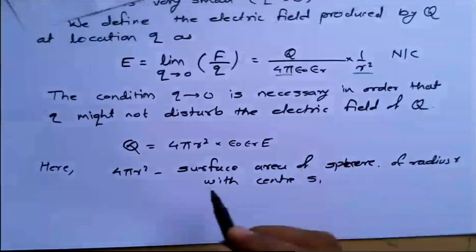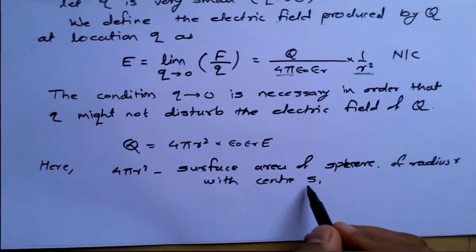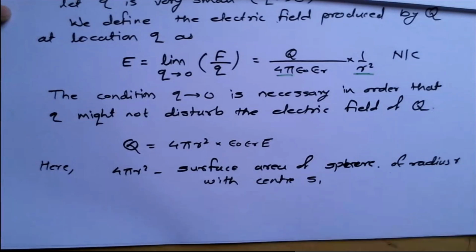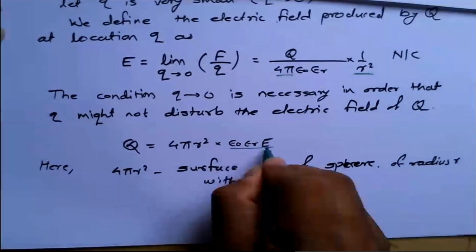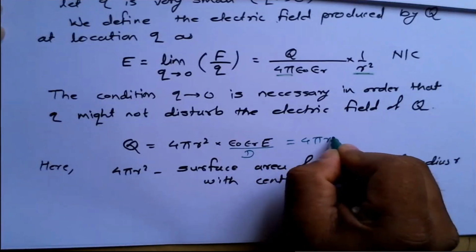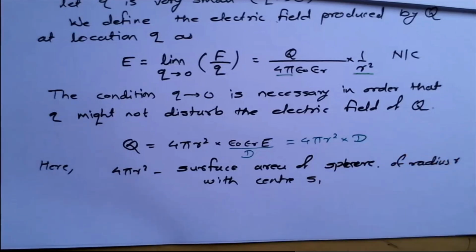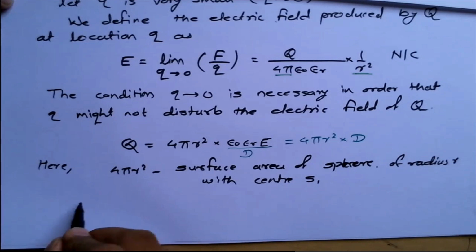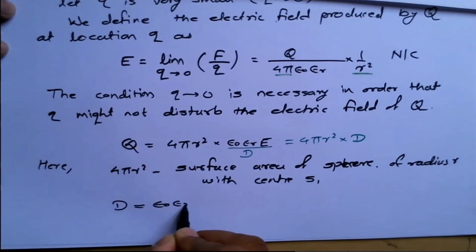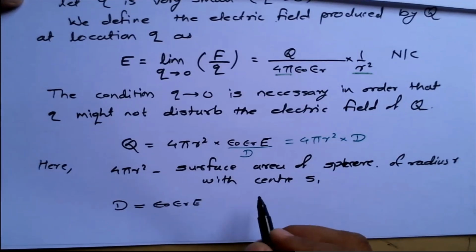This 4 pi r square is the surface area of the sphere of radius r with center S1, and this quantity can also be written as 4 pi r square into capital D, where D is nothing but epsilon 0 epsilon r into E, and it is nothing but the dielectric flux density.